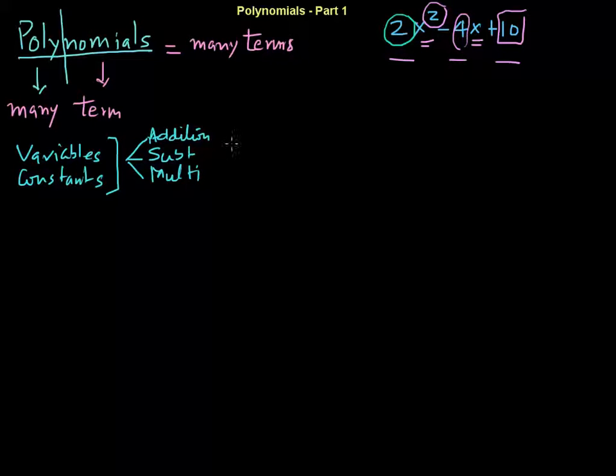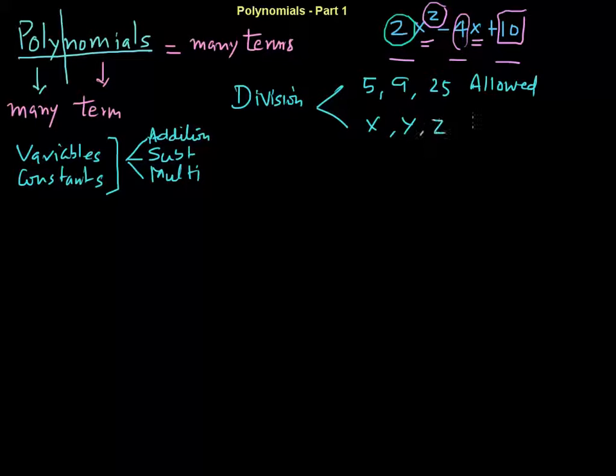Now division is also a part of polynomial functions, but it is restricted somehow. Division by a constant, let's say 5, 9, 25, whatever, is allowed, but division by a variable, by x, y, or maybe z, is not allowed.